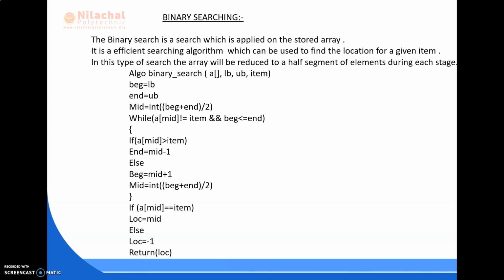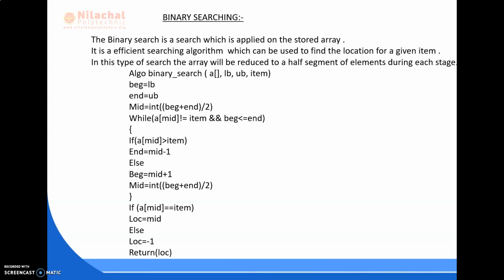So after finding the mid value, one mid value is one address. So first we need to check that is A of mid value is equal to item or not. If not, and beginning is less than equal to end, then we will be coming to the condition loop.